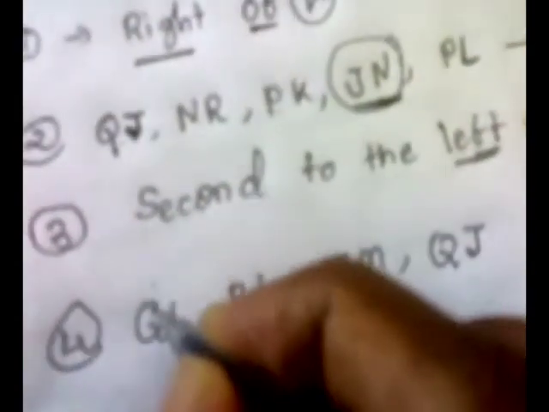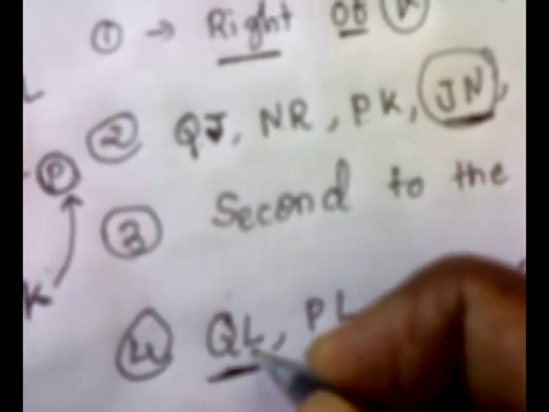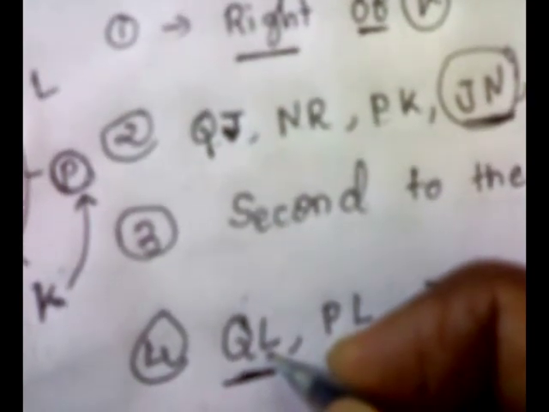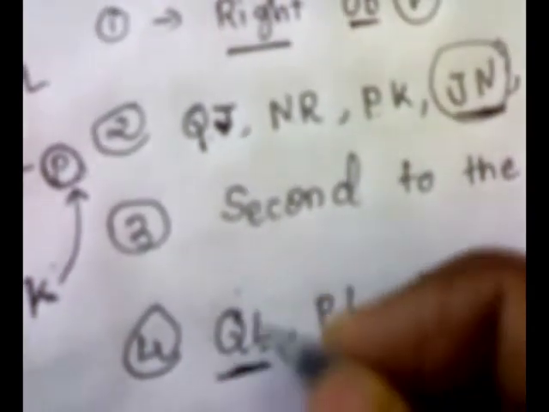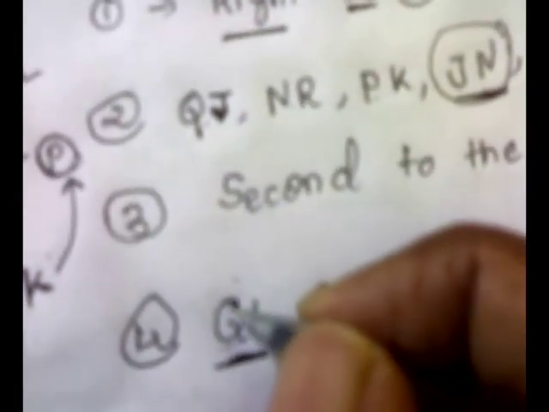Suppose we take the first option. Who is the second person? Second person is L, sitting immediately left of the first person. Means we have to find out if L is sitting immediately left of the first person, Q. So left of Q means the letter followed by of is Q. Q is here, and we'll see if L is to the left of Q. Where is L?